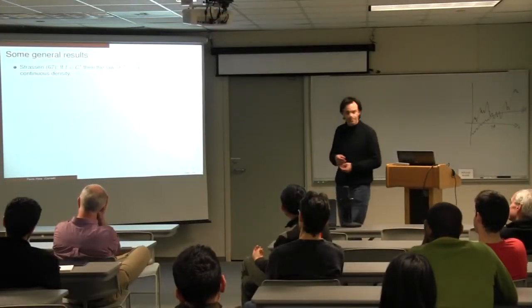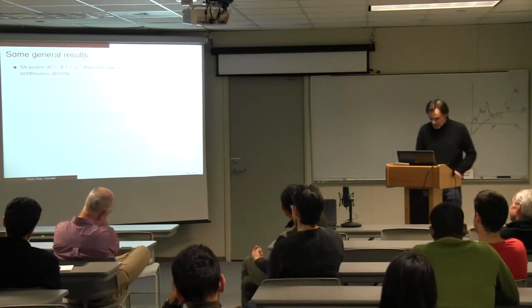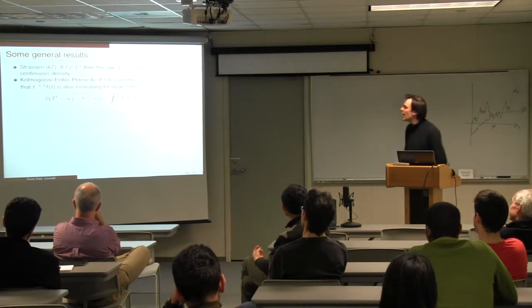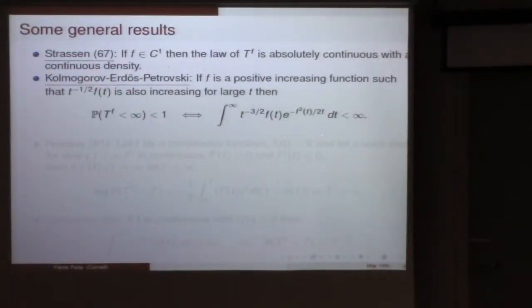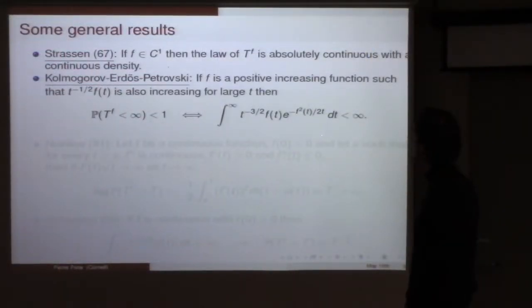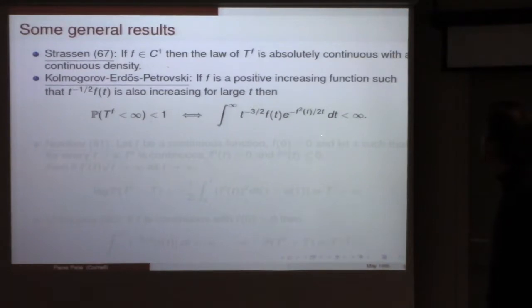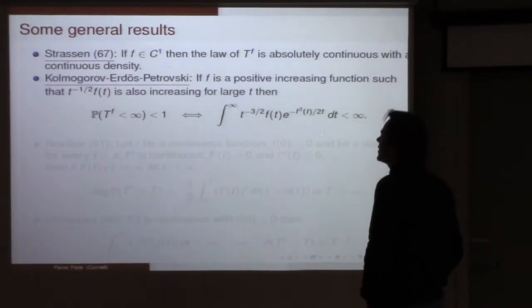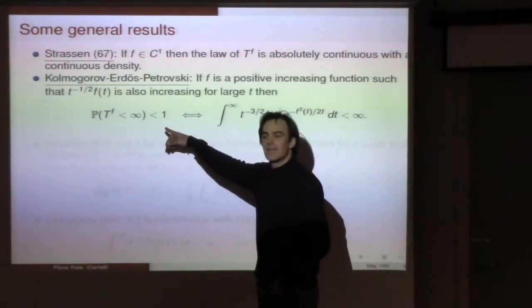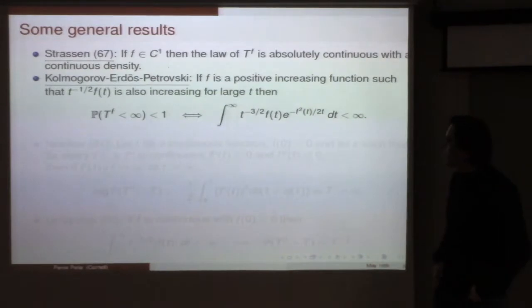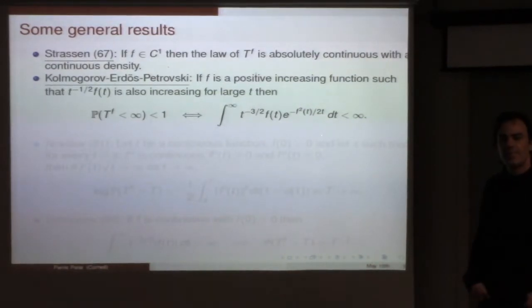Then we have a result related to the transience of f, which is due to Kolmogorov, Erdős, and Petrovsky. If f is a positive increasing function such that f(t) over the square root of t is also increasing for large t, then the distribution is defective, or it has a Dirac point mass at infinity, if f satisfies this integral test at infinity.